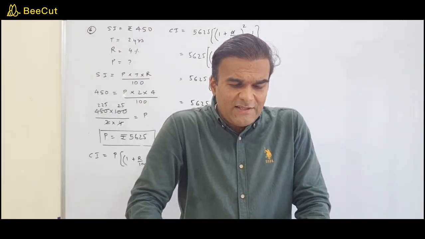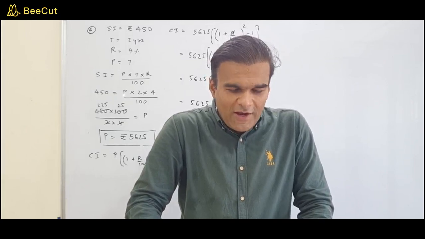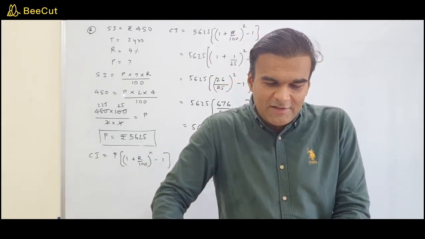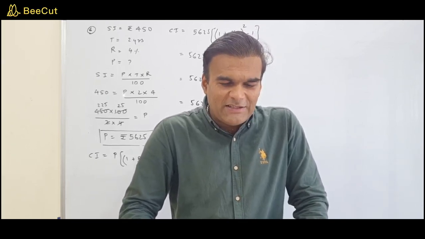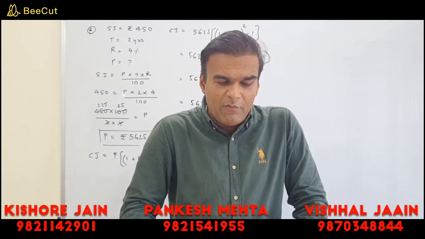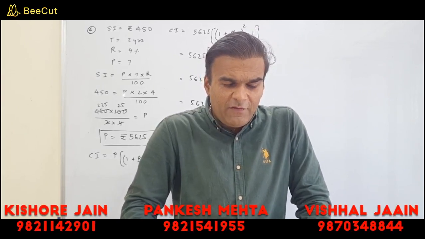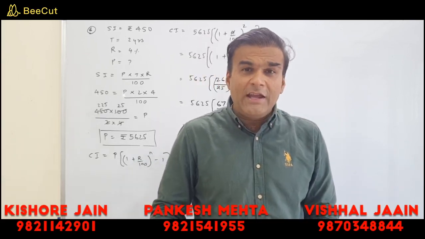Question number 7 says that simple interest on a certain sum of money for 4 years at 4% per annum exceeds the compound interest on the same sum for 3 years at 5% per annum by 228 rupees.